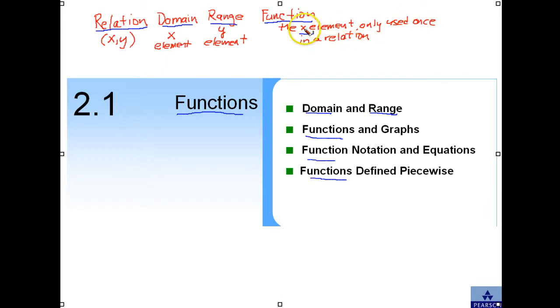Now, if the x element is used twice, such as if you had 2, 1 and 2, 3, here the x element is used more than once. This is not a function. But if you look at the ordered pair and the x element is only used once, then that, by mathematical definition, is a function.